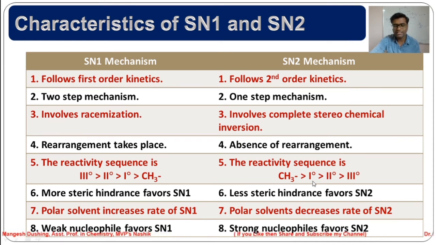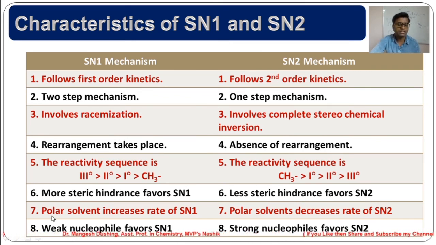As steric hindrance increases, backside attack will be hindered. So the rate of SN2 reactions will decrease from methyl to primary to secondary to tertiary. So the sixth difference is that more steric hindrance favors the SN1 mechanism, while less steric hindrance favors the SN2 mechanism.